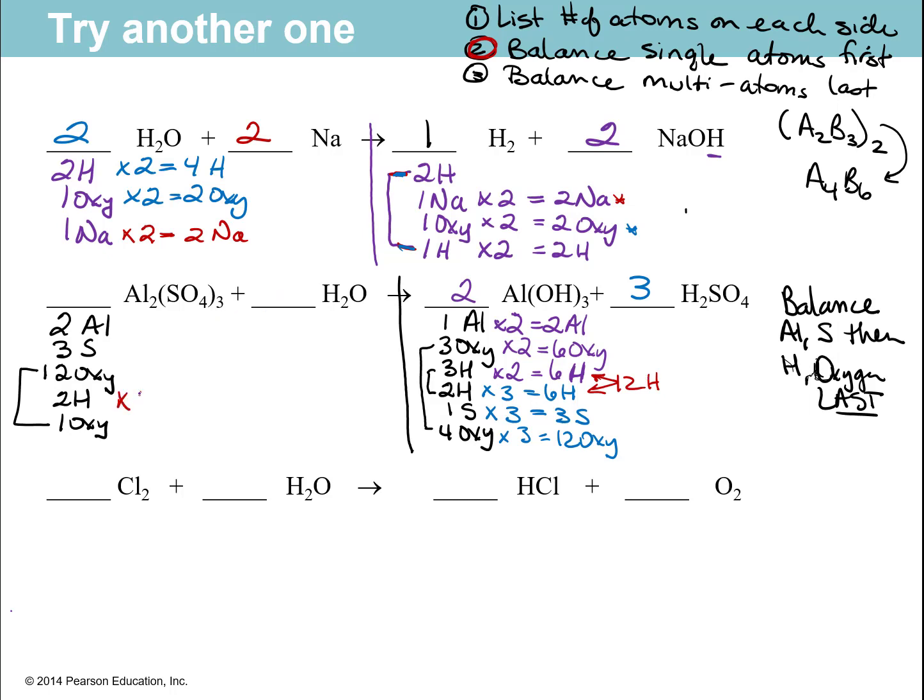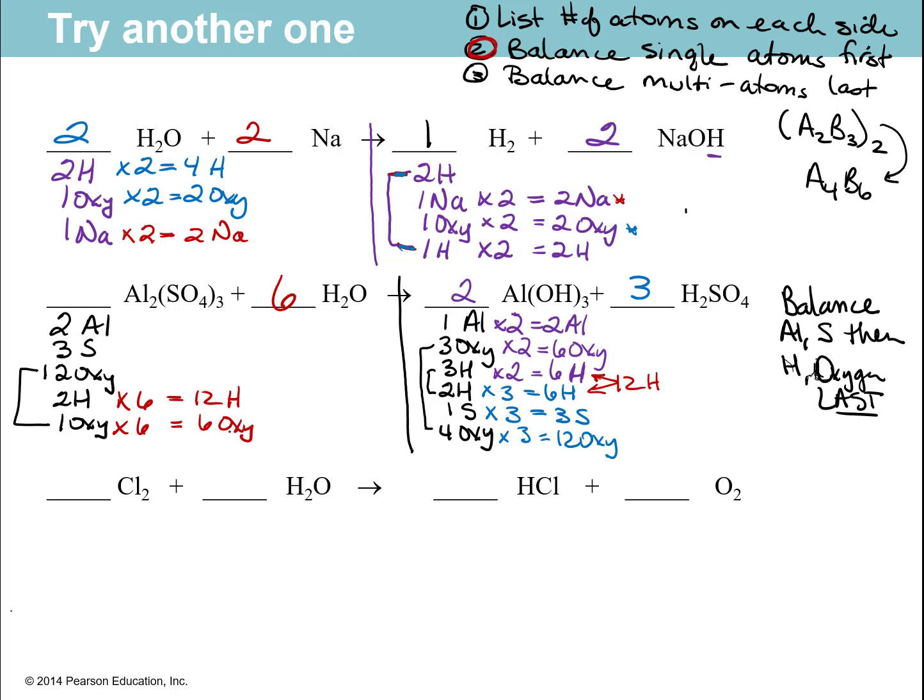I'm going to say times 6 to give me 12 hydrogens. That's going to balance the total number of hydrogens. So what goes on the line? 6 goes up here. Whatever you multiply by has to go on the coefficient up on the line. But that means I'm not only multiplying hydrogen by 6, I also have to multiply the oxygen because it's H2O. So I multiply this oxygen by 6, and that gives me 6 oxygen.